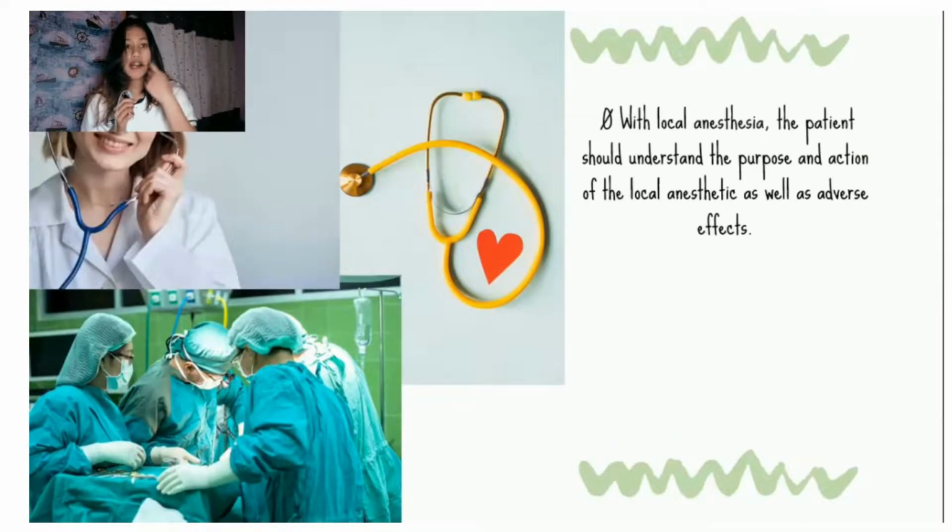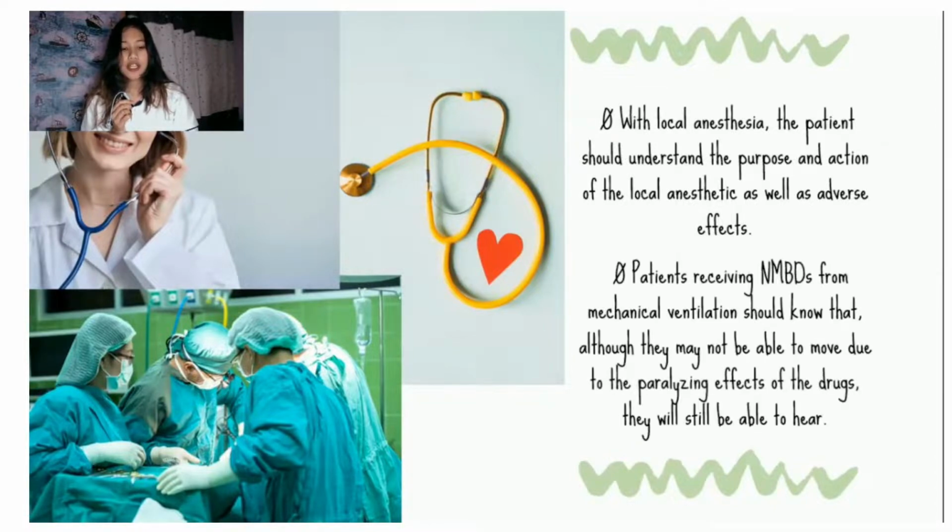Next, with the local anesthesia, the patient should understand the purpose and the actions of this local anesthetic as well as its adverse effects. Patients receiving the NMBDs or the neuromuscular junction blocking agents should know they may not be able to move due to the paralyzing effect.